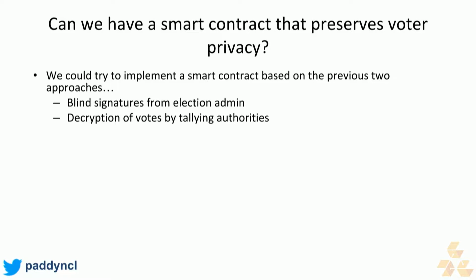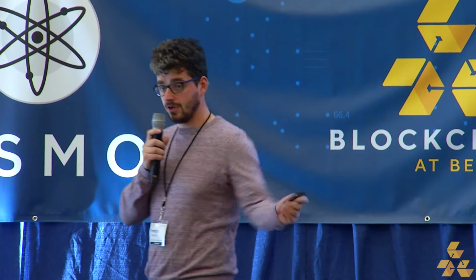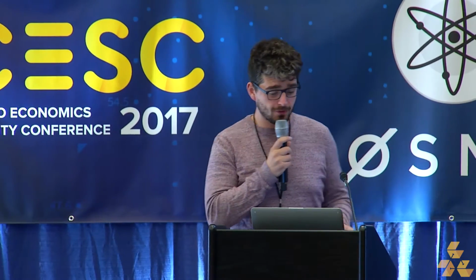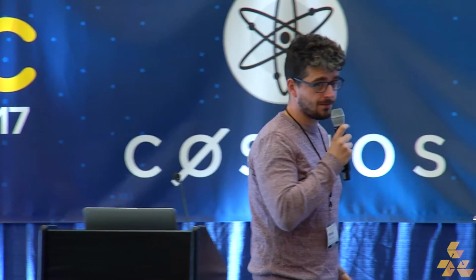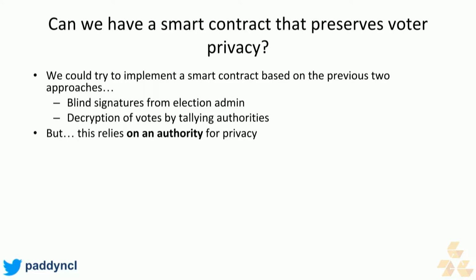There's a well-known public key owned by the tallying authority. When I cast my vote, I simply encrypt my vote under their public key, and I broadcast it to the network. Then at the end, the election administrator, in a publicly verifiable manner, can decrypt all the votes and then publish the tally. But in both approaches, we have to rely on the participation of an authority for our privacy.